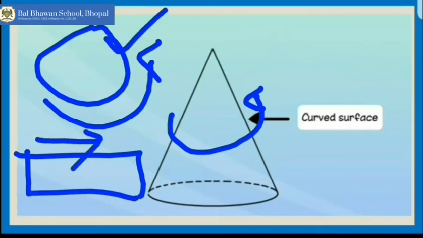So the surface which is round in shape, that is circular in shape, is called a curved surface. For example, it is circular in shape like this circle, and it's not flat like this box. So a cone has one curved surface, that is a round, circular surface.